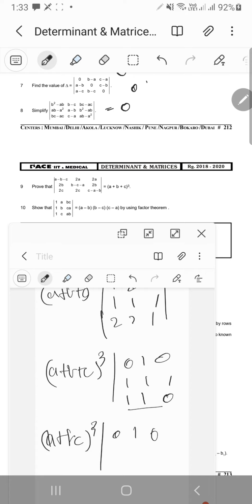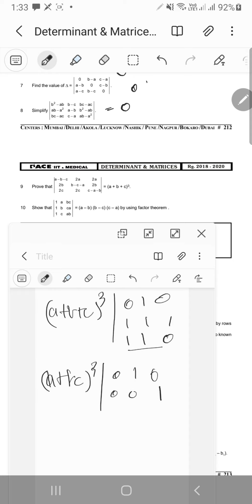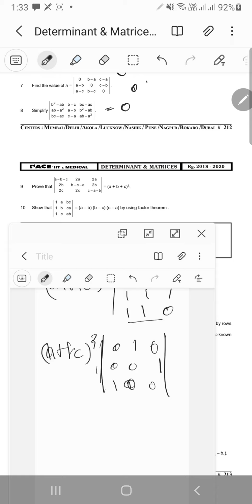Yes, that is doable at least. Cool. So that will just be 0 0 1 and 1 1 0 over there. Cool. And then subtract this from that, so this will just be 1 over there, and this will be 0. Cool. That is the final matrix, that final determinant that we will get.